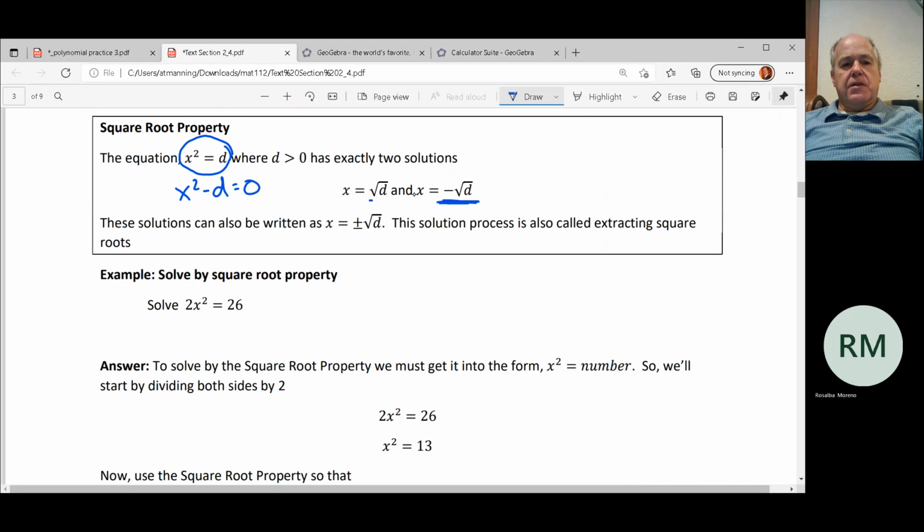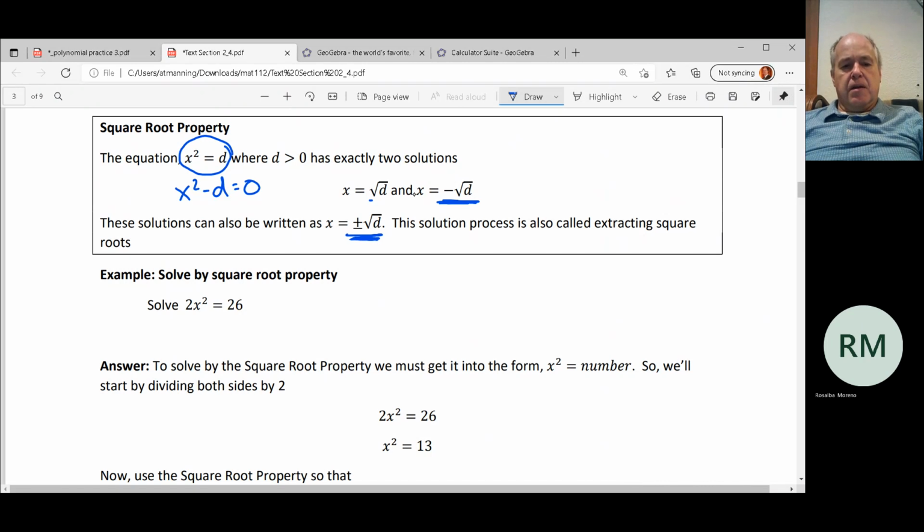Remember, because I have x squared in there, expect to see two possible solutions, and the square root does give me plus or minus. So let's take a look at this one.